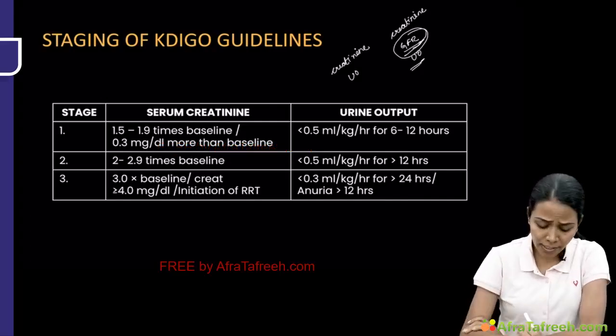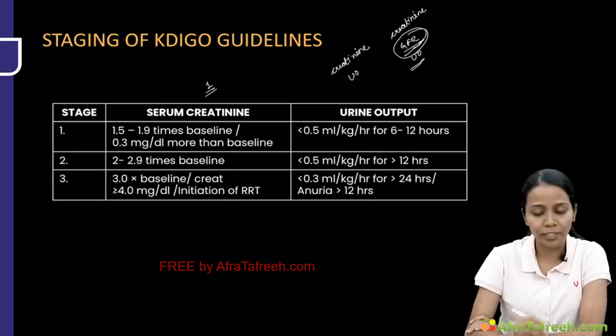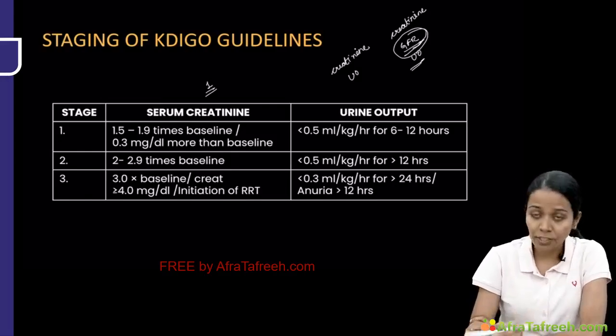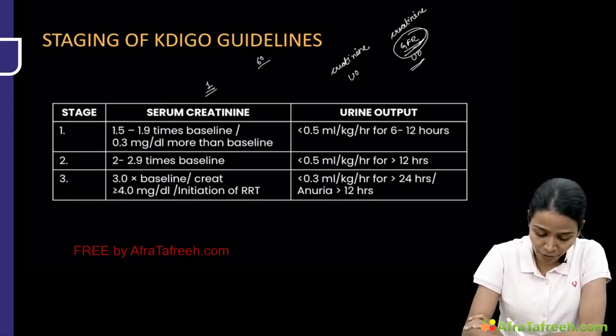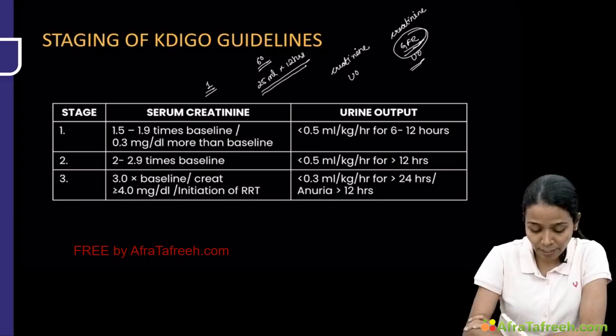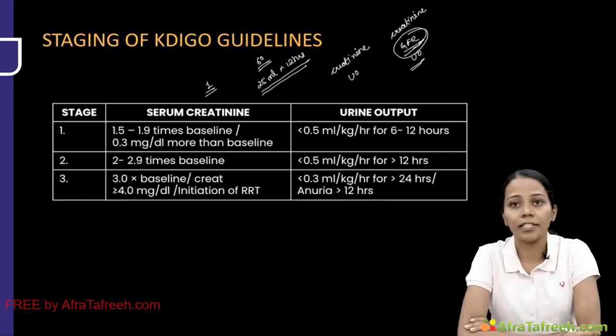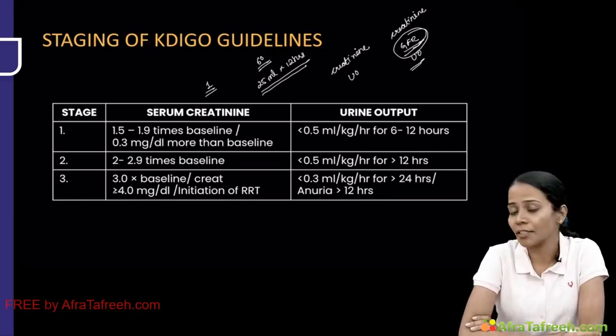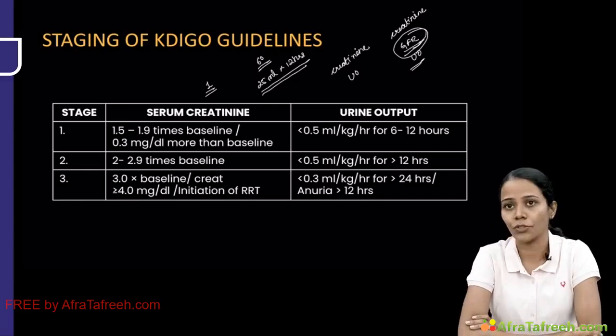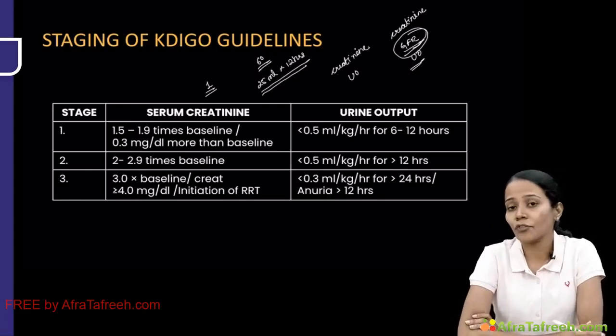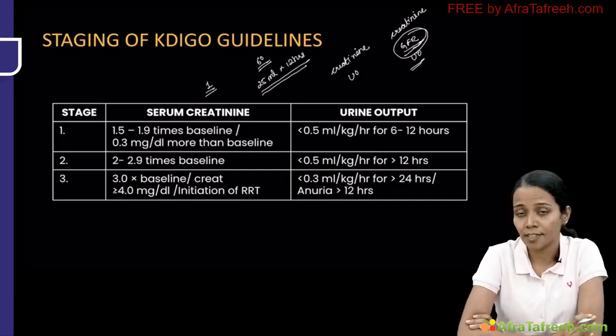Now, what is the implication of this is, maybe if the patient's serum creatinine is normal, it's 1 only. But patient's urine output in a 60 kg patient, if it is 25 ml for 12 hours, then it becomes AKI stage 1. Just because creatinine is normal doesn't mean the patient does not have acute kidney injury. So that is the implication of having both urine output and serum creatinine.